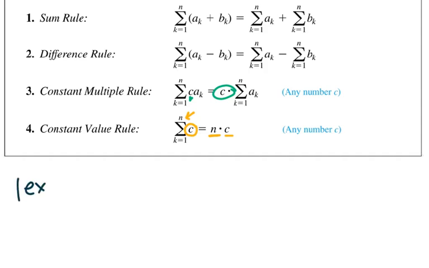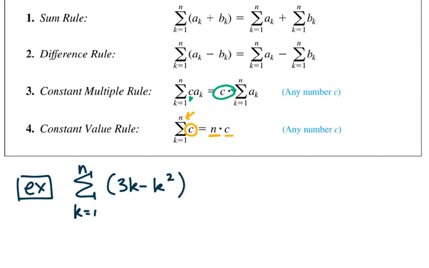So for example, if I gave you the sum as k starts at 1 and goes to some nth value of 3k minus k squared. So applying this, I could break this down into littler sums.